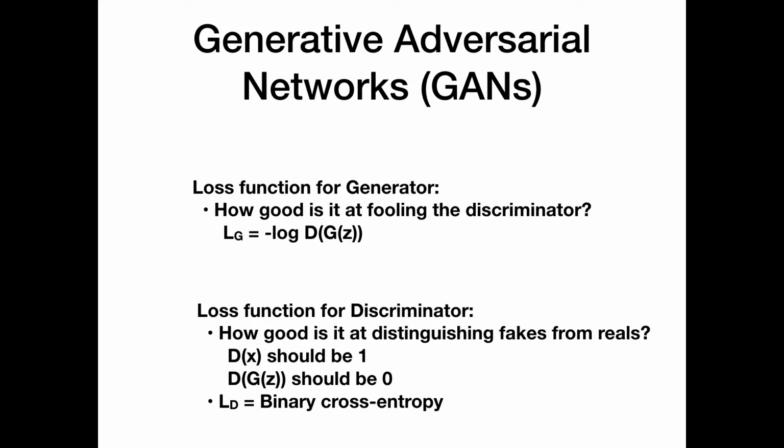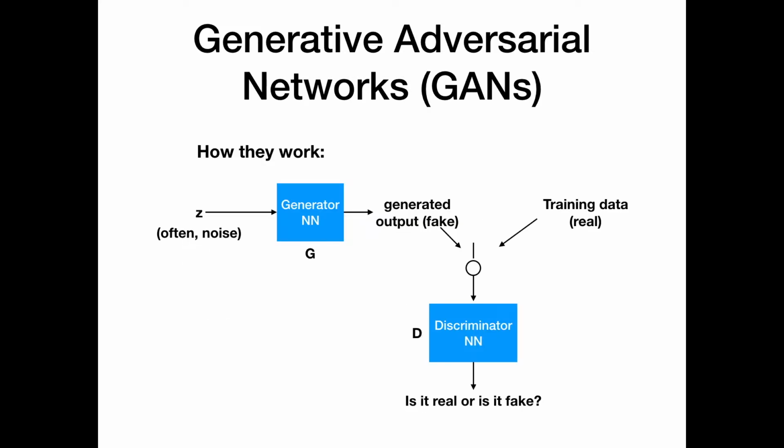When we take dL/dθ for G, we are going to be backpropagating through the discriminator, because our loss was of D of G of z, so it's of this output. Now, we don't want to update the discriminator.